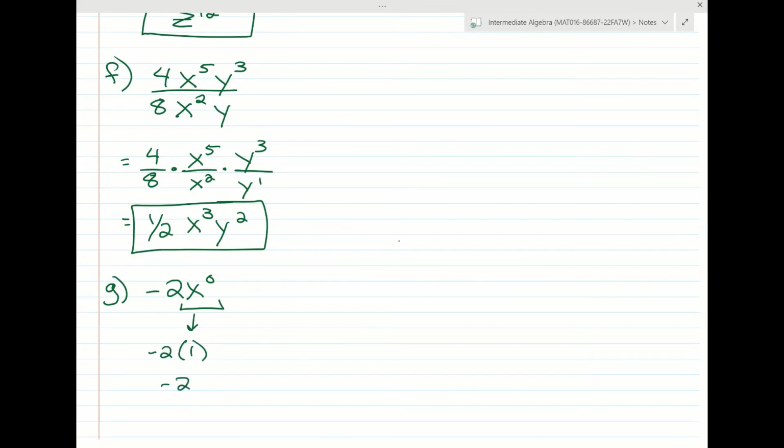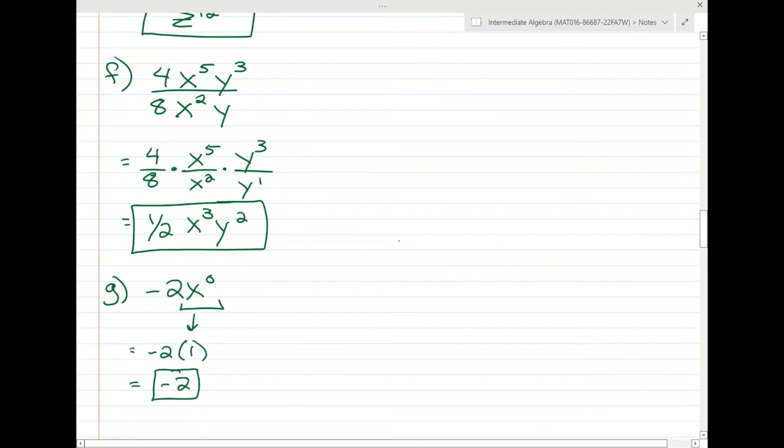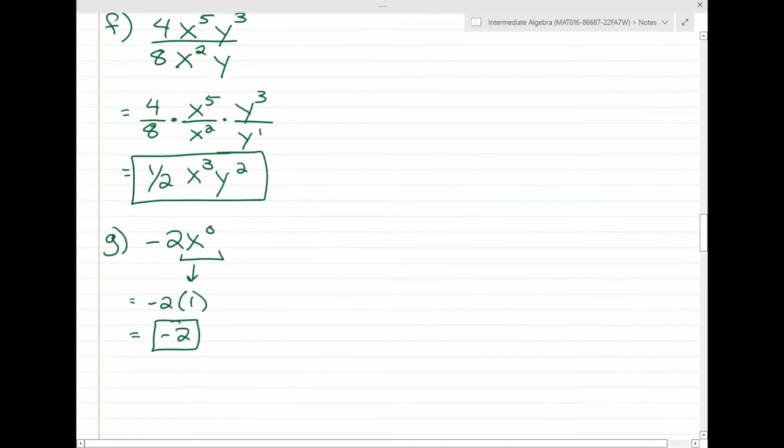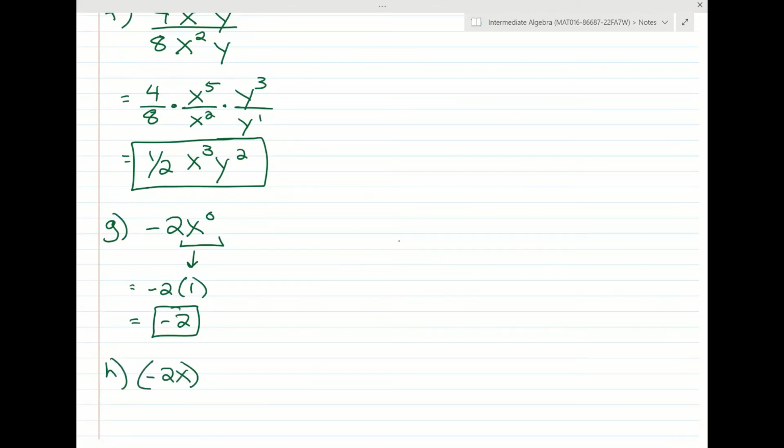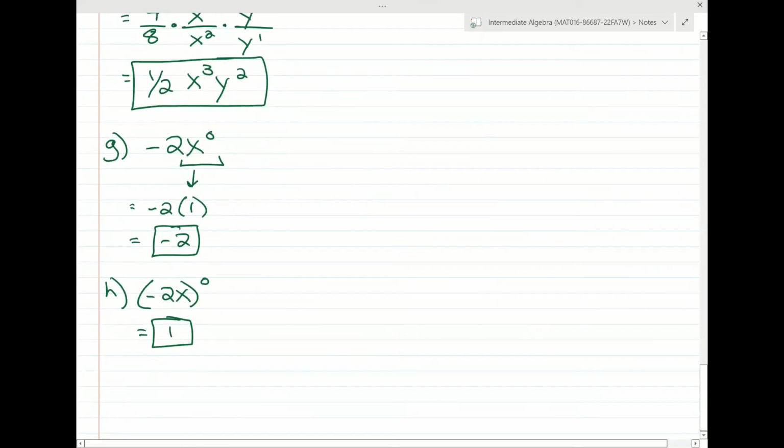And this is just negative 2. Obviously, that's different than negative 2x to the 0, which would just be 1. The whole thing is to the 0 power. Anything to the 0 power is 1.